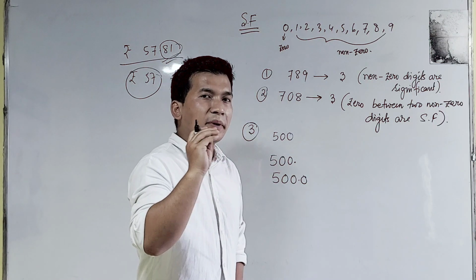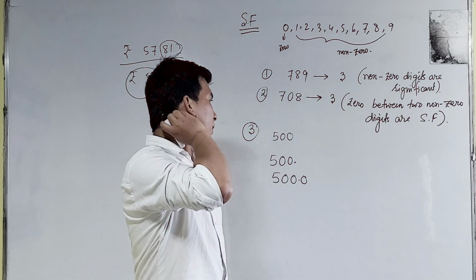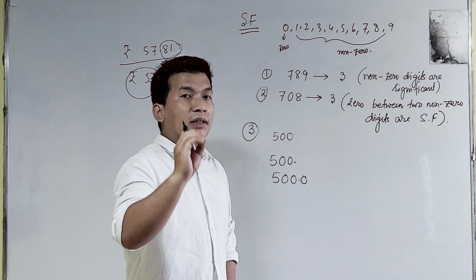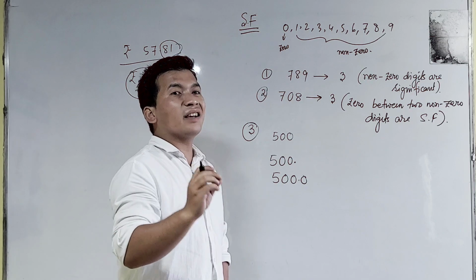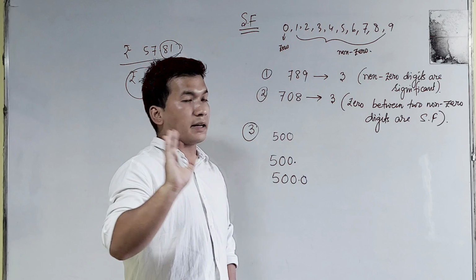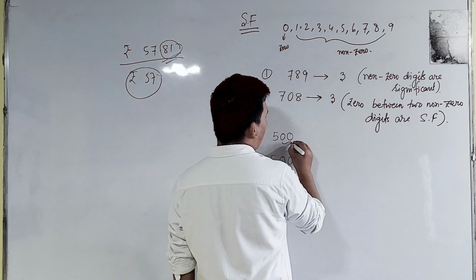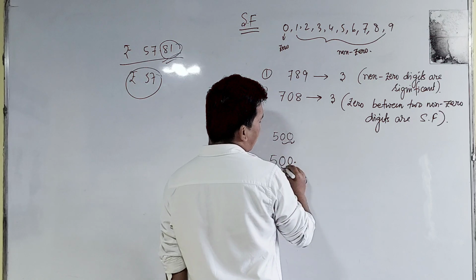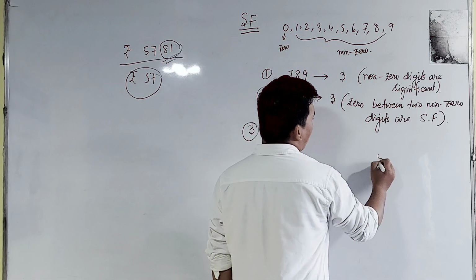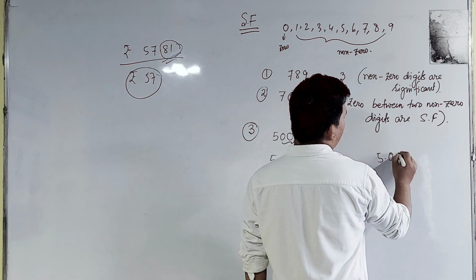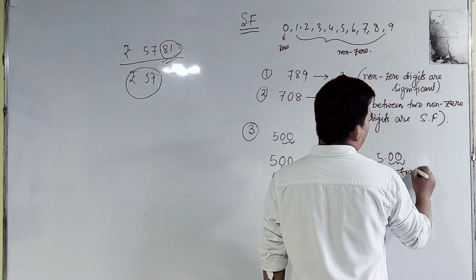You just listen very carefully. The zeros that come after a non-zero digit will be known as trailing zeros. These zeros are known as trailing zeros.